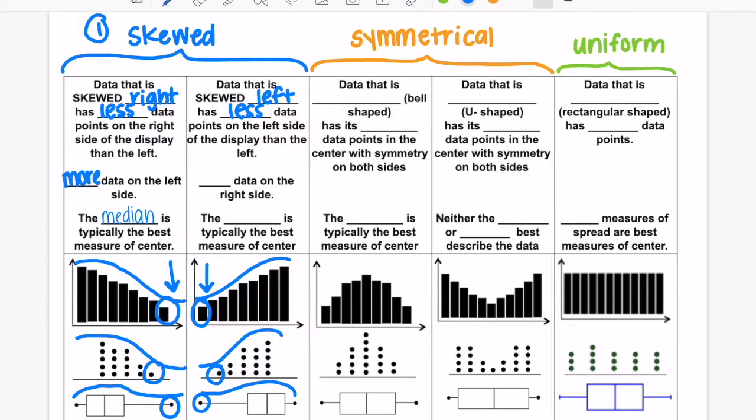That means most of the data is on the right side, and it's offset by the little bit of data on the left. Again, because this is offset by some outliers, some really high or really low values, it is typically going to be best described with the median as the measure of center.